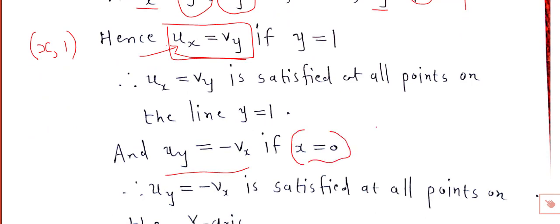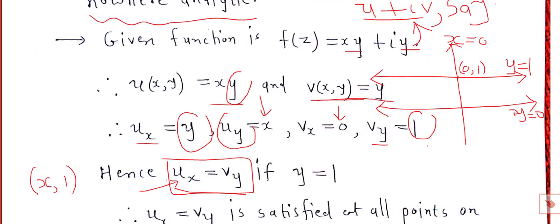That means this equation is satisfied at all those points whose x component is 0, and these points are on the y-axis. So this equation u_y equal to minus v_x is satisfied at all the points on the y-axis, and u_x equal to v_y is satisfied at all the points on the line y equal to 1.